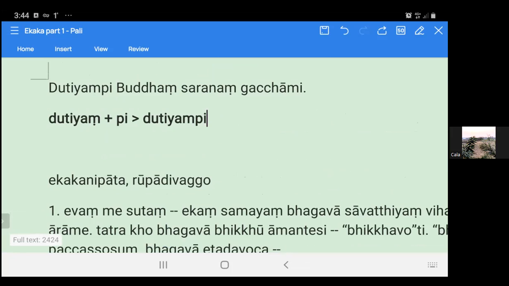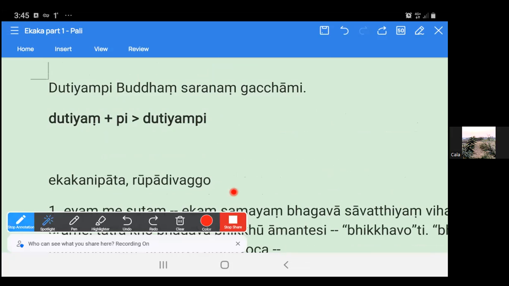The m dot becomes normal m. So we pronounce it dutiyampi. If not, we will pronounce it dutiyam. If you are going to pronounce it dutiyam pi, it's not so smooth. So instead, we pronounce dutiyampi. It's kind of like a shortcut already.